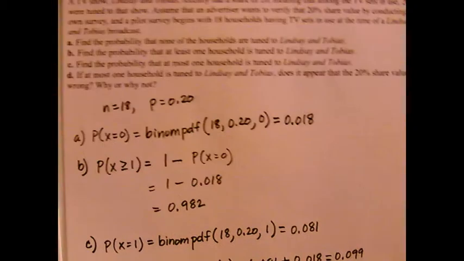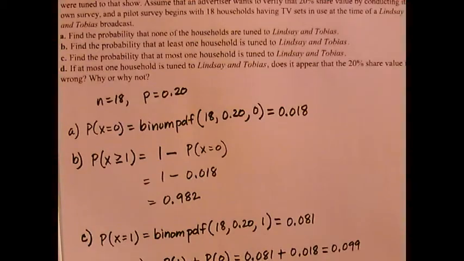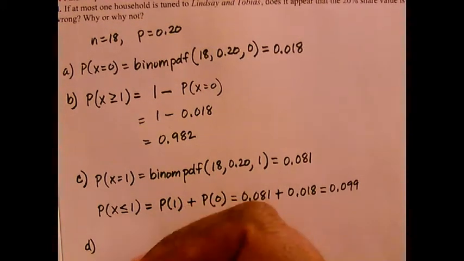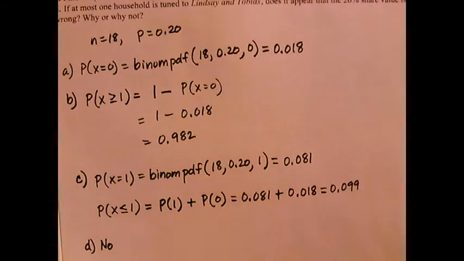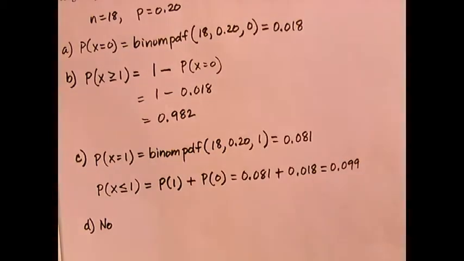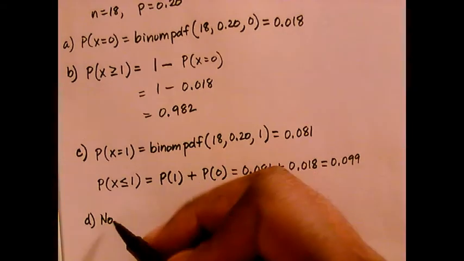And then part D, they ask the question, if at most one household is tuned to Lindsay and Tobias, does it appear that the 20% share value is wrong? And why or why not? Okay? In this case, the answer is going to be no. The 20% share value does not appear to be wrong, because it is likely for that to happen.